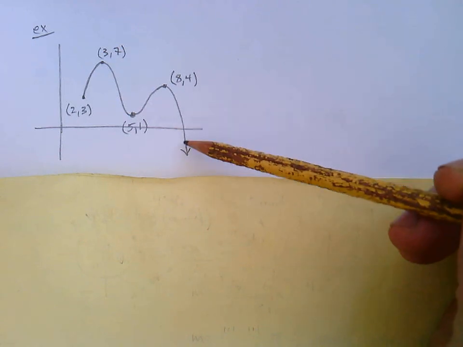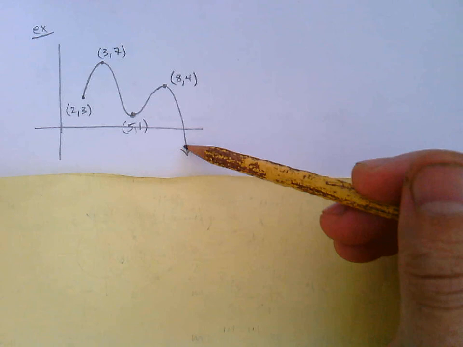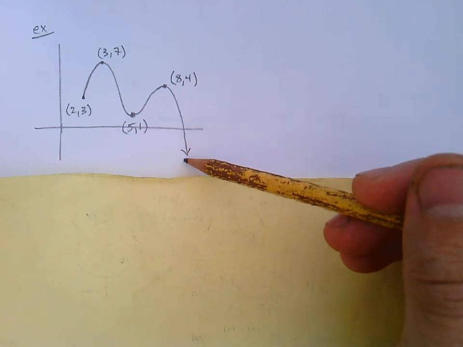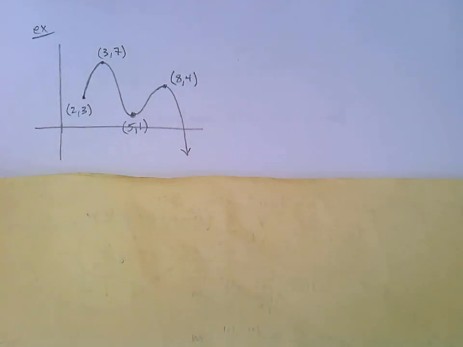Then you think, okay, but if this goes down, down, down, there is no lowest y value, right? Because for any y value you find, there are some that are lower because that thing just drops off. So here, and this takes a second to wrap your head around, there is no lowest y value. There is no absolute min.